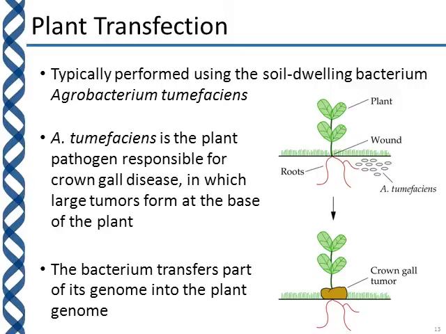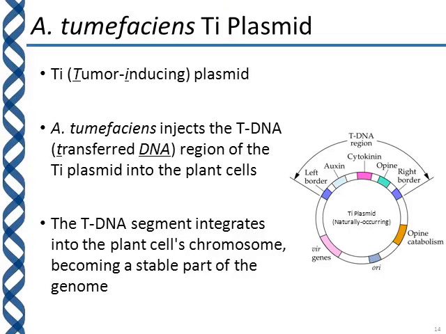Here, on the right, we show you a diagram of those events. In this case, the Ti plasmid, and the Ti stands for tumor inducing, injects the T-DNA, that's transferred DNA, region of the Ti plasmid into the plant cells.